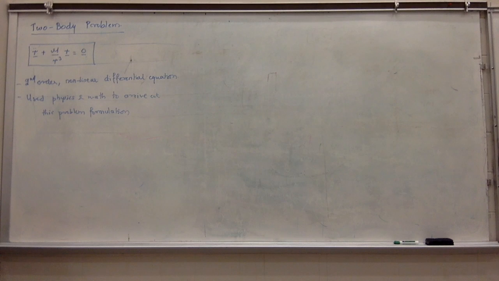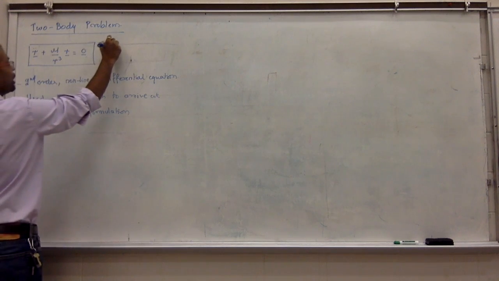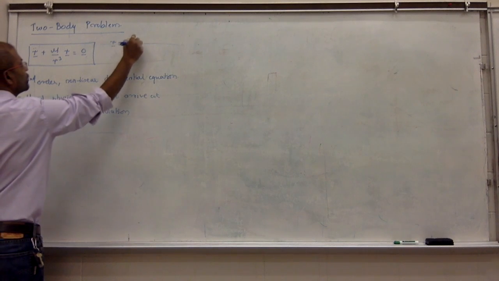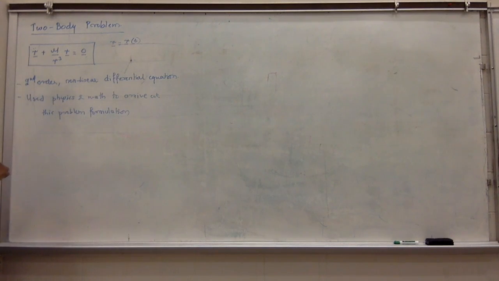Alright? And a solution, what would a solution entail? Now keep in mind what is constant and what is not constant here. So here you have to understand this R is equal to R of t. Okay.